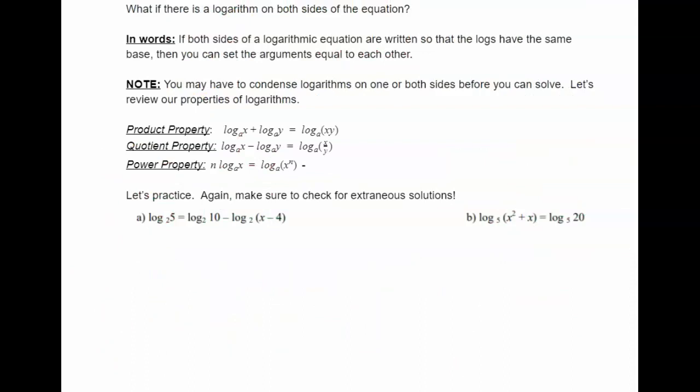Sometimes we'll see problems with logs on both sides of the equation. If the logs on both sides are the same, then we can set the insides equal to each other, and we may have to condense it to one log on both sides before we can solve.